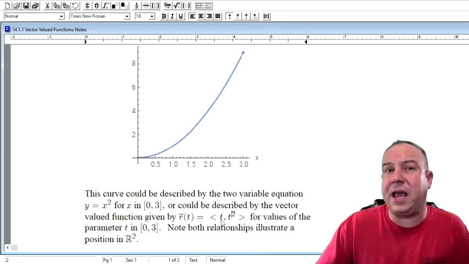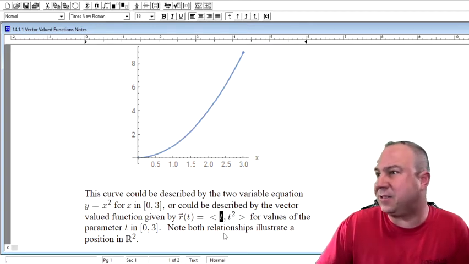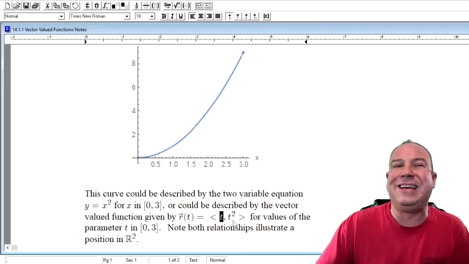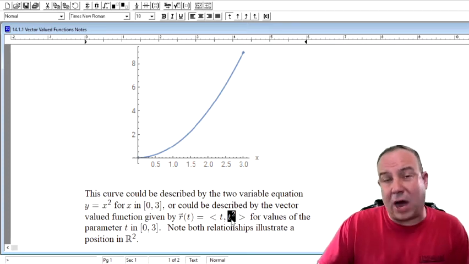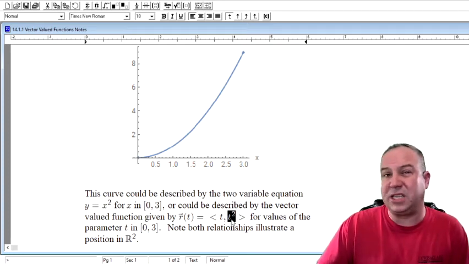Variable in their behavior. The first component behaves as the variable t, and the second component behaves as the variable t squared. The x description, or the x component, behaves as the variable t, and the y description of this vector, the y component, is described by the variable t squared, where what is t?